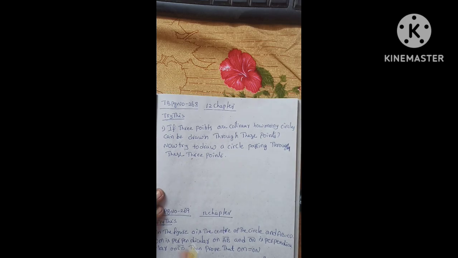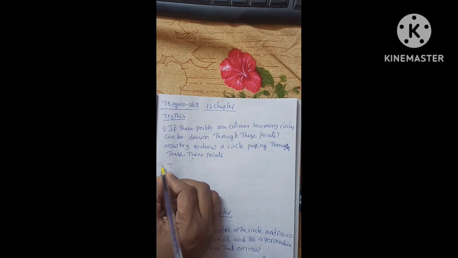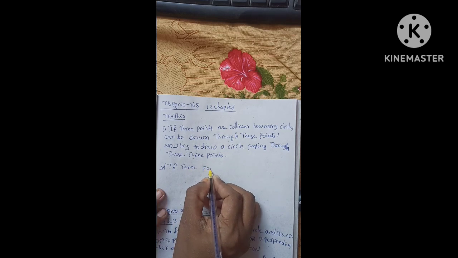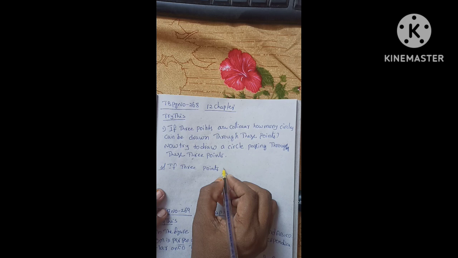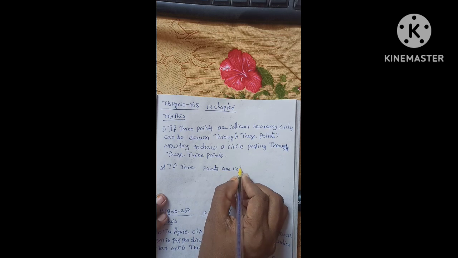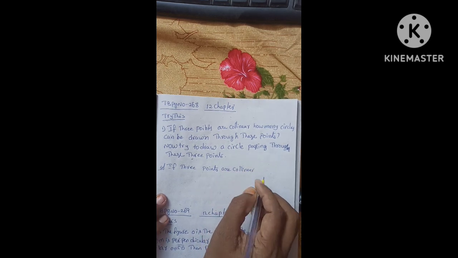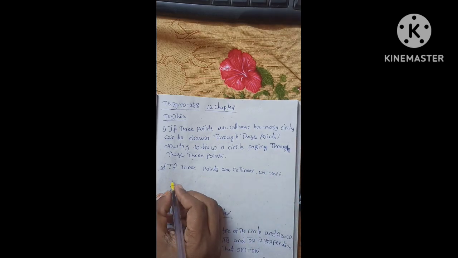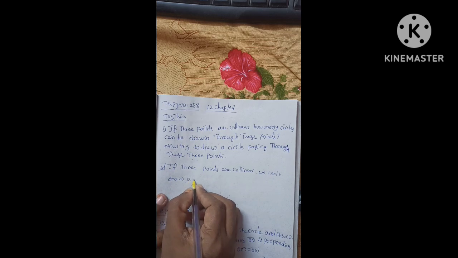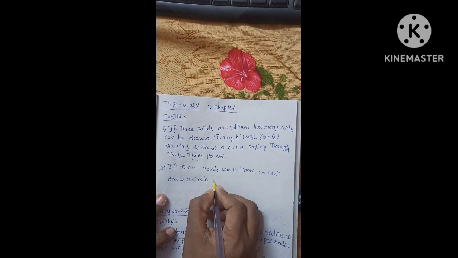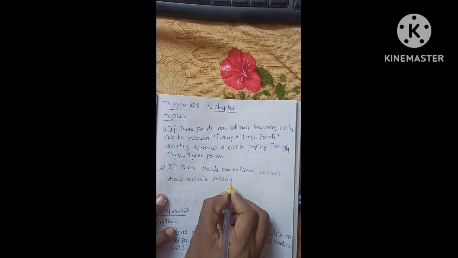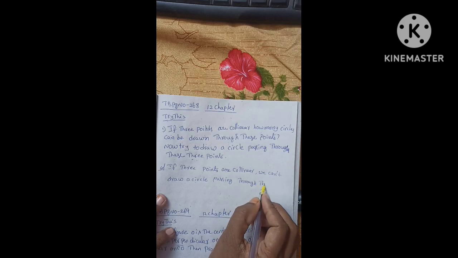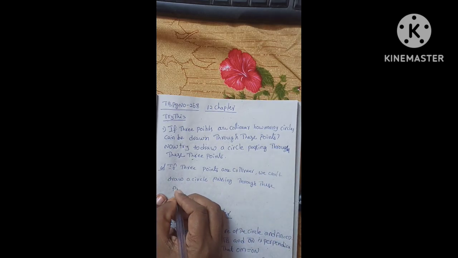See the solution. If 3 points are collinear, we cannot draw a circle passing through these points.